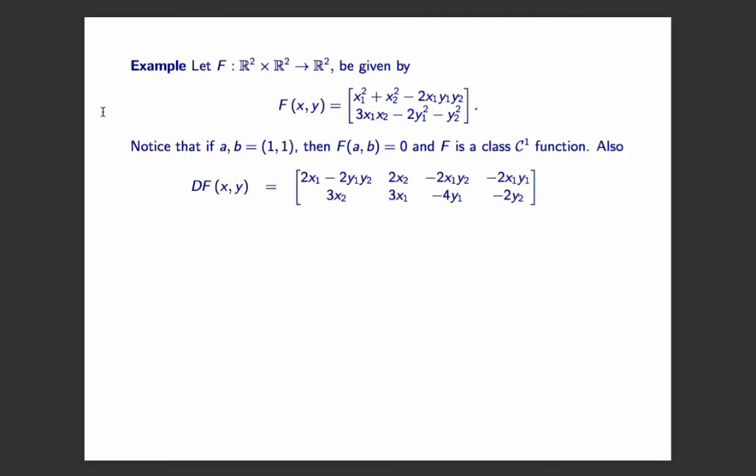So the derivative of f, and here I'm just thinking of f as a function of all the entries of x and y, so I'm taking a total derivative. In that case we would think of f mapping R^4 to R^2, so the derivative is 2 by 4.